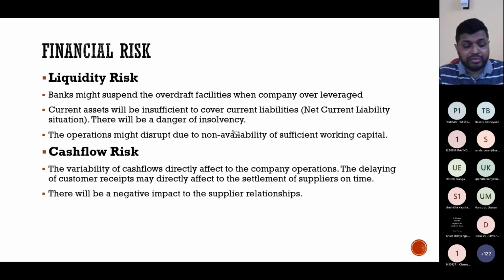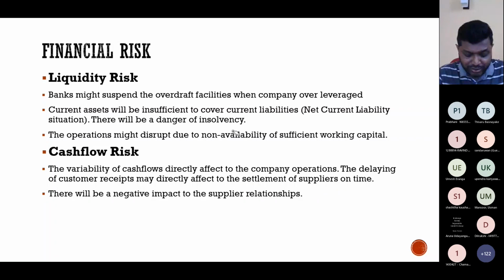Then bank OD facilities might have been overdrawn. Sometimes if you have taken money to invest in long-term assets through short-term borrowing, you will face a difficult situation. You will face disruption to the operation as well if you don't have sufficient working capital.